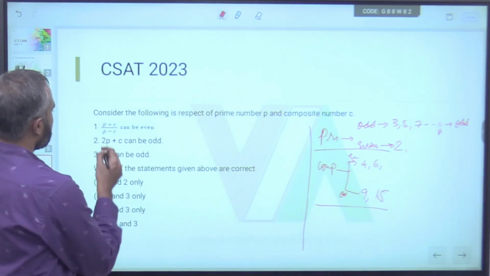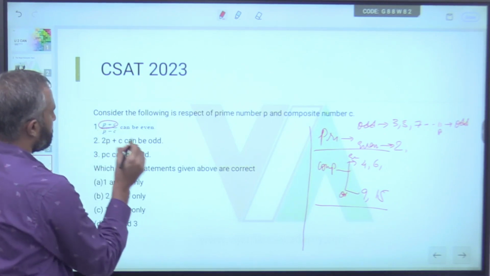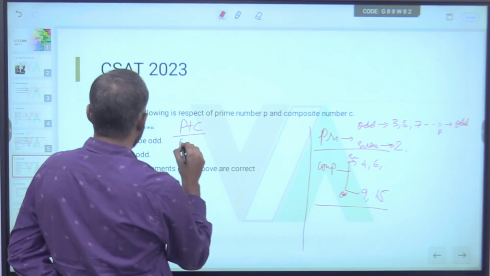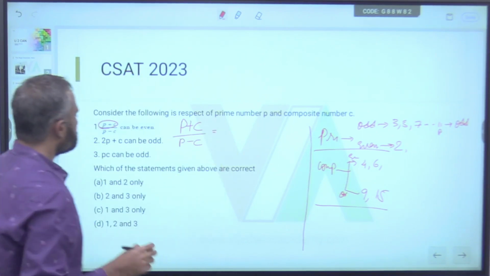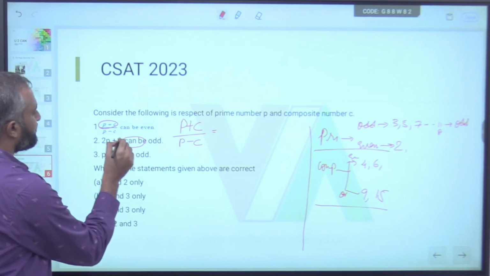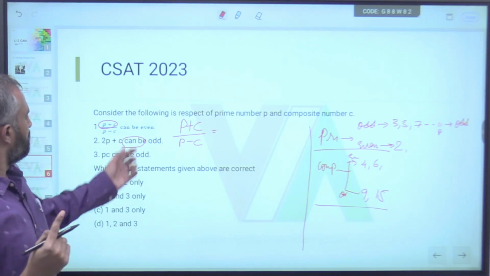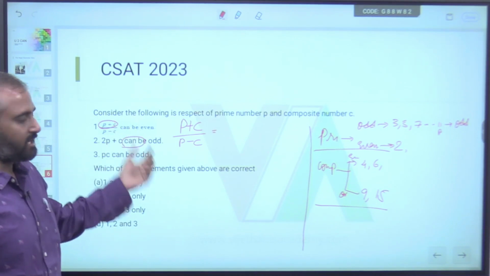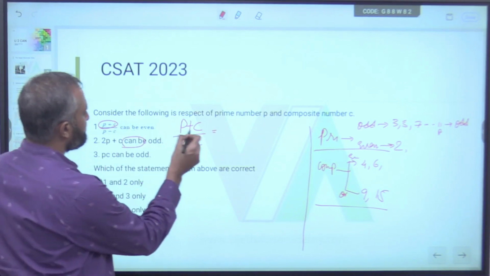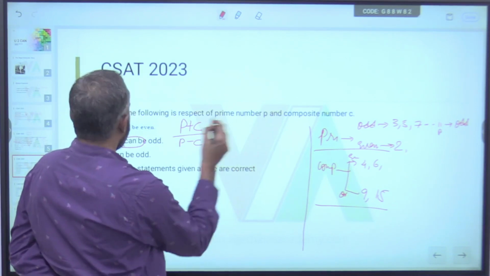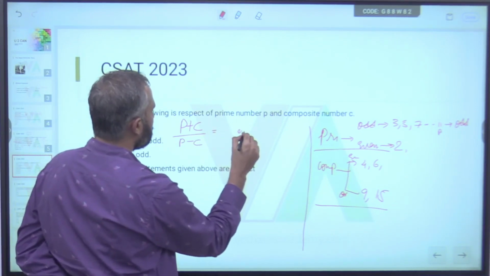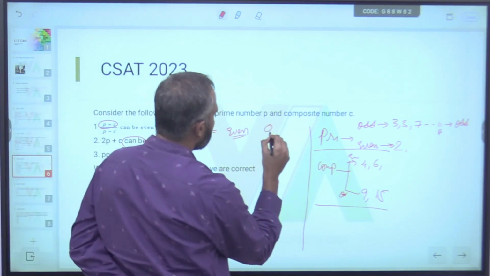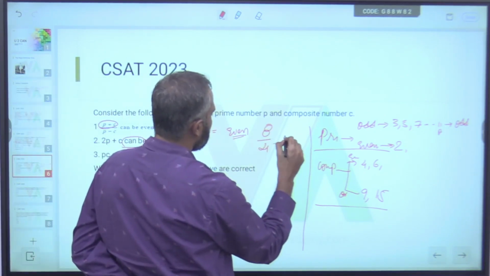Now apply this here. P plus C, P minus C can be even. So here the same attack point applies: if I prove that P plus C can be even in one case, that is enough. What is 8 by 4? 2.